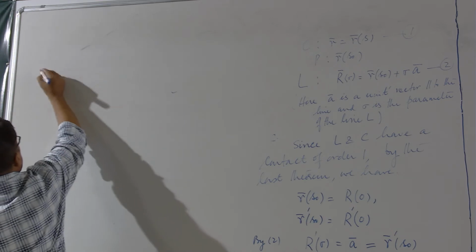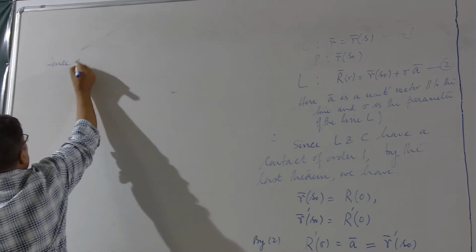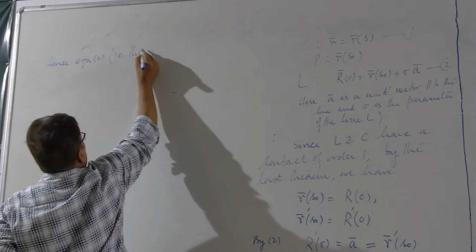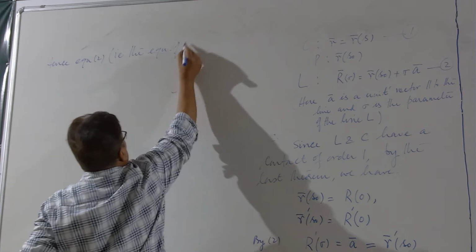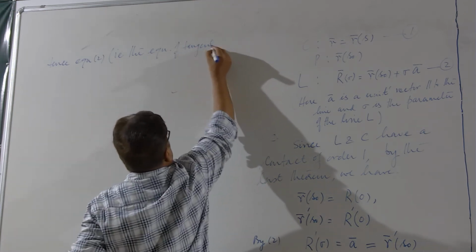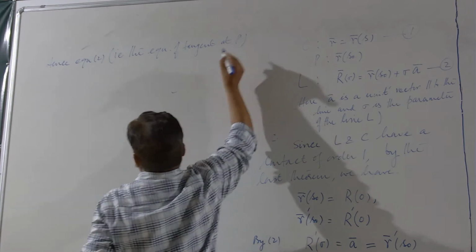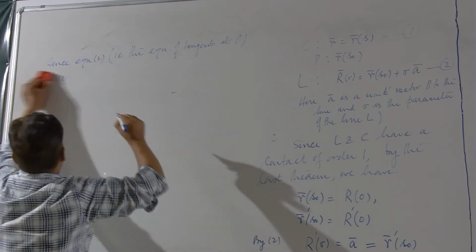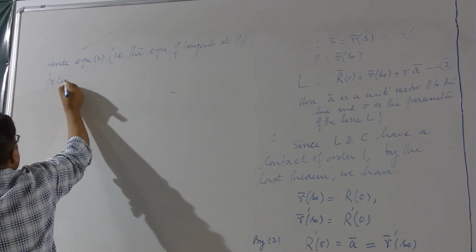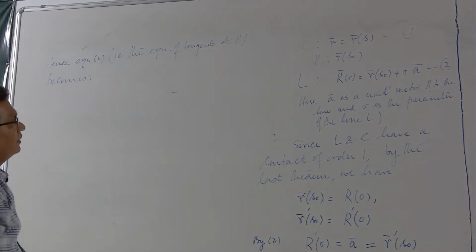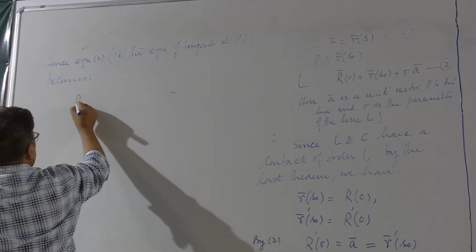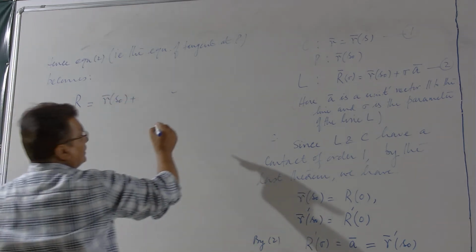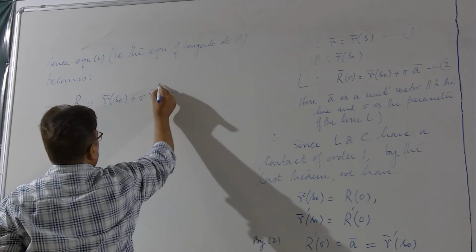Hence equation number 2, that is the equation of the tangent at P, becomes R equal to r(s0) plus sigma times r'(s0).